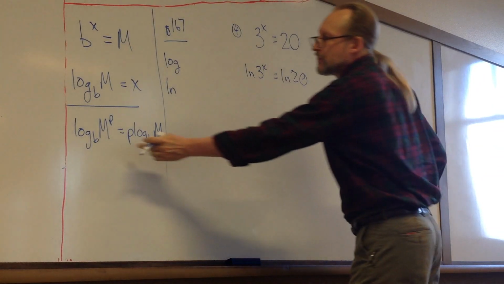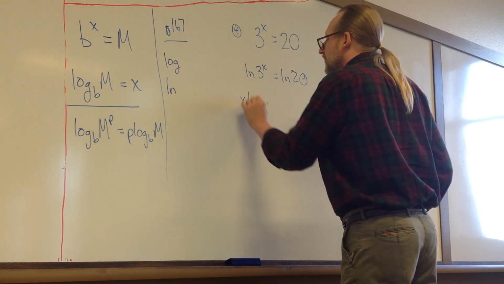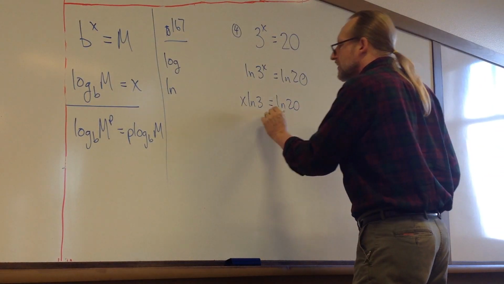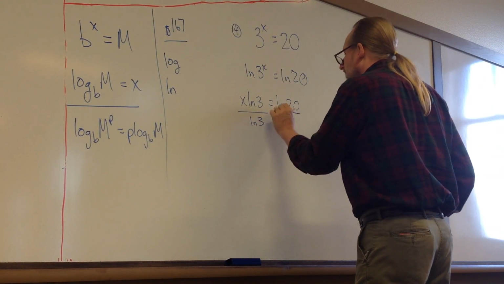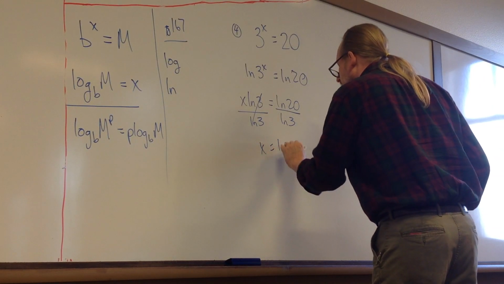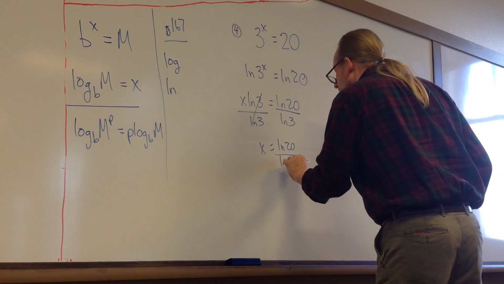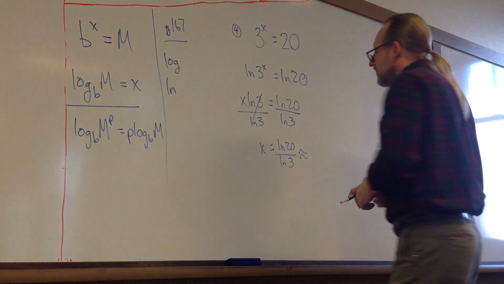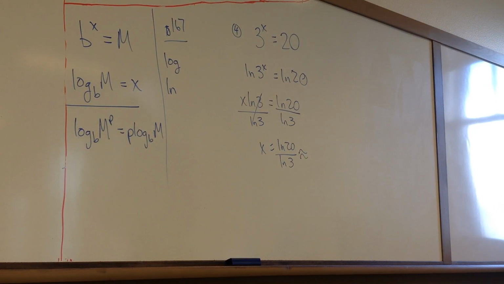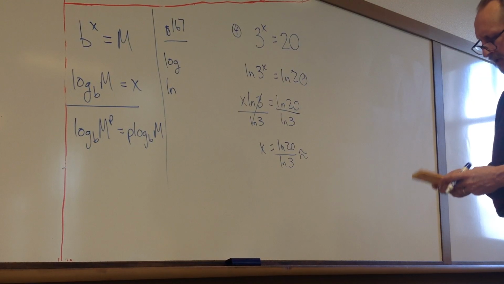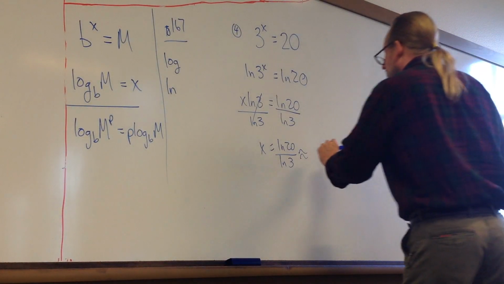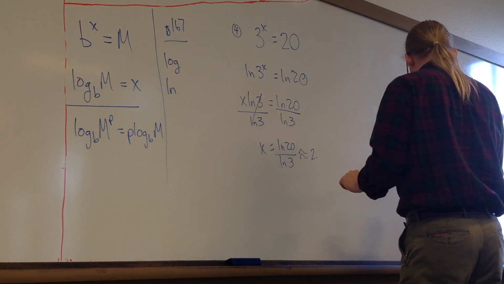And then we can use this property of logarithms, bring the x down in front here, and then just like the last problem, divide on both sides by ln 3. And so there's our statement of the answer, but let's get a good approximate value for this. So we'll do ln 20, close that parentheses, divided by ln 3, and this is about 2.727, okay?